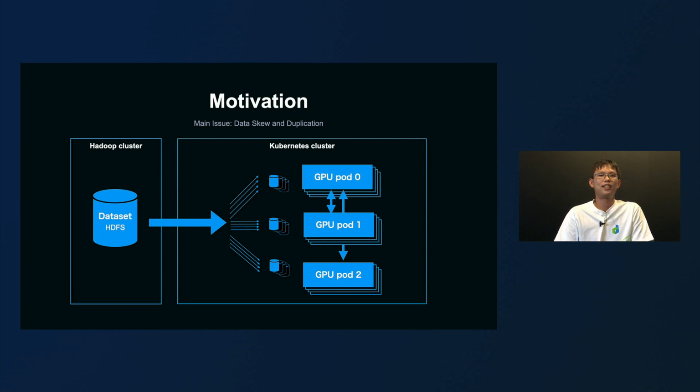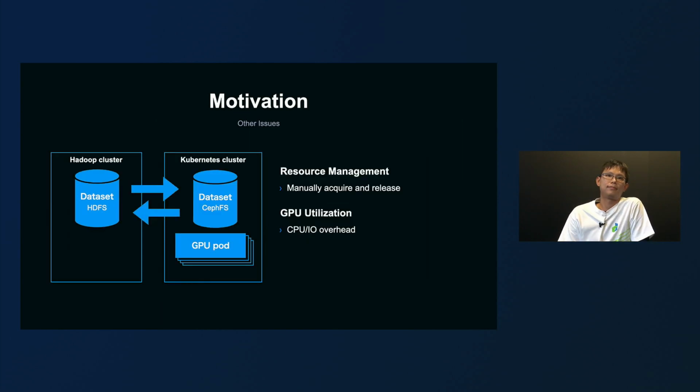As for data duplication, if grid search or parameter search is performed, many of such configurations will be created, which will consume a large amount of network bandwidth and storage. As for resource management, up till now, machine learning engineers manually acquired and released the GPU machines.